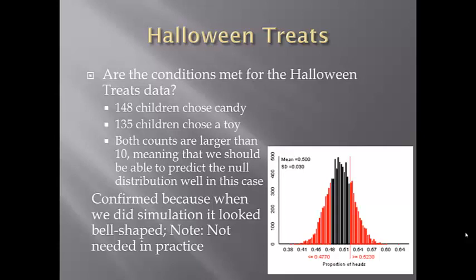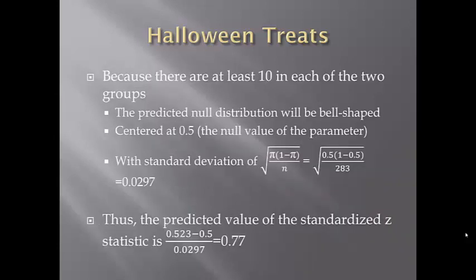And in fact, we see that to be the case right here because the simulated null distribution, shown in this graph, is a bell-shaped curve. In fact, it's centered at the null hypothesis probability value of 0.5, and as you'll see in a moment, the standard deviation that we simulated, 0.03, is very close to what the mathematical formula gives us.